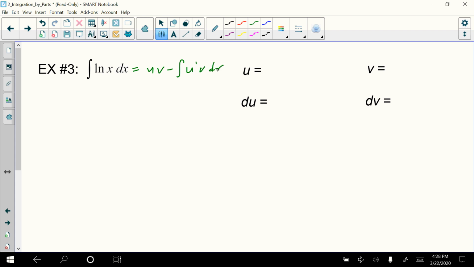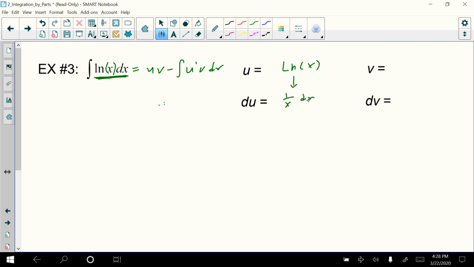So the u and the v, remember, are going to come from the original problem. Okay? So in this case, u is going to be, and this is not written super great, this should be the natural log of x in parentheses like that. And that's how I'm going to say here, the u is going to be the natural log of x. And so the derivative of u to get du, the natural log of x in this case, would be 1 over x times dx.